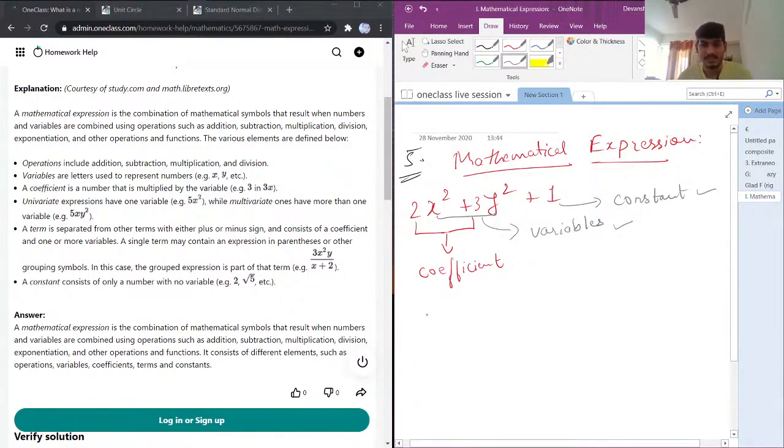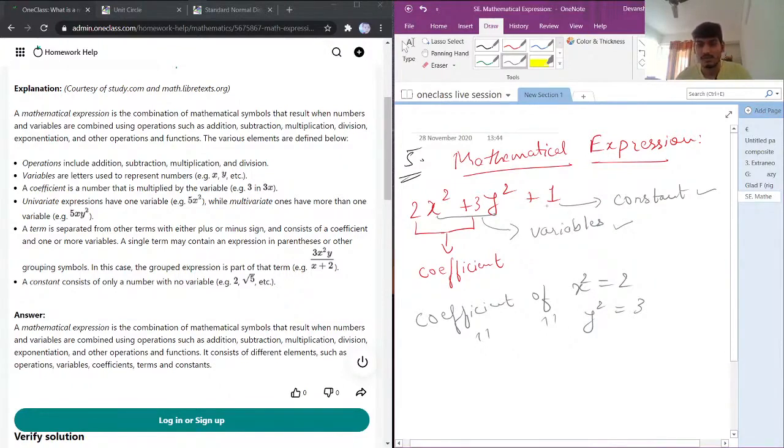So basically here I can write the coefficient of x square is 2, not x. In the same way I can write the coefficient of y square is 3.